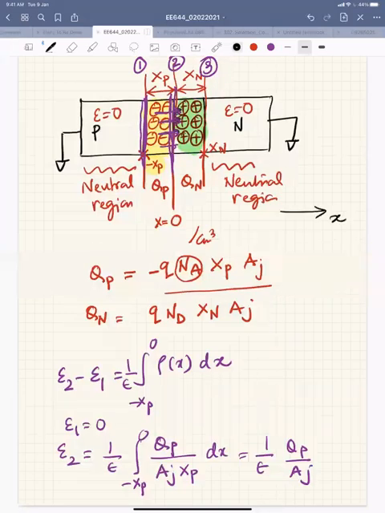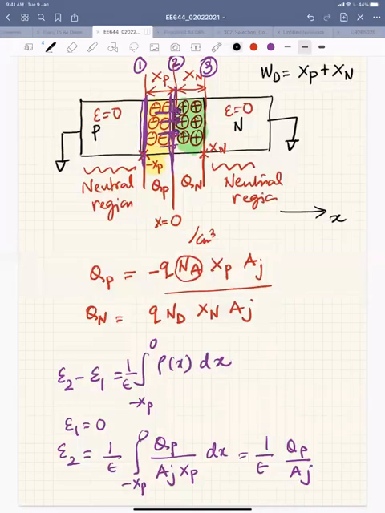Going from left to right, the first edge of the depletion region is minus xp, your junction is at 0, and the right edge of your depletion region is xn. So the depletion width on the p side is xp and on the n side is xn, and the total depletion width wd is nothing but xp plus xn.